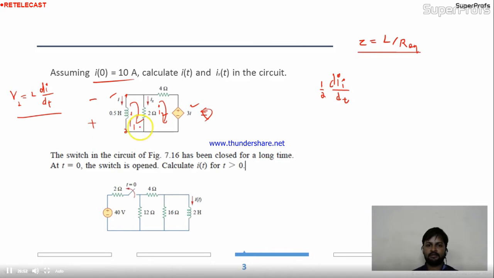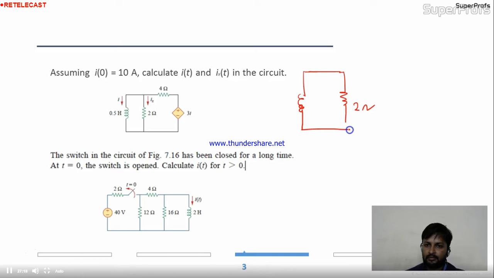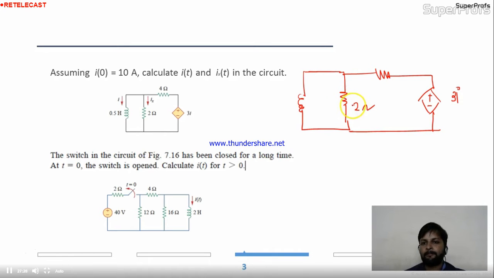Okay, fine. Now come over here. I1 is coming from this side, I2 from this side. Let me take it out first. The given circuit is like this.